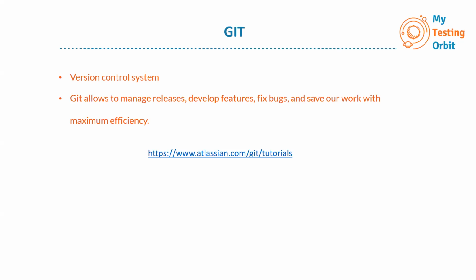I will not go into much detail, because that would be a completely standalone project on its own. Just so you know, it's a version control system. It lets us manage releases, develop new features, fix bugs, and save our work with maximum efficiency.